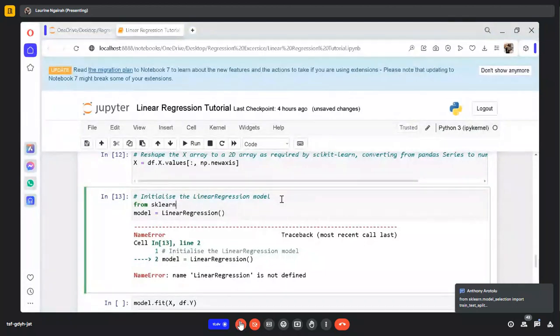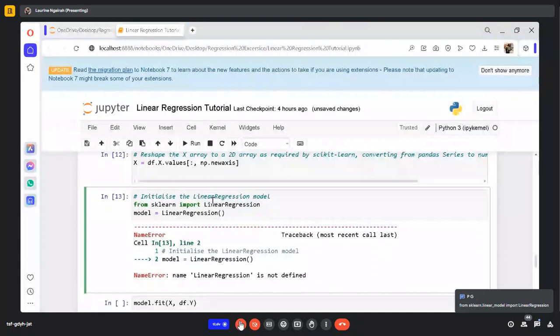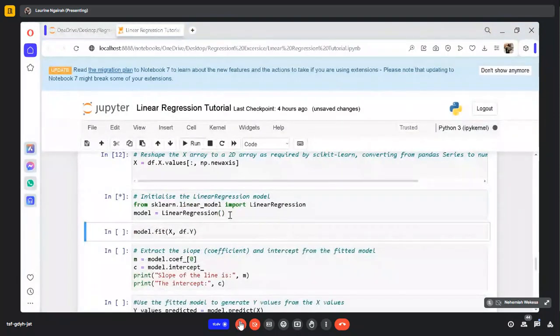No, we are importing linear regression. There's something after Scikit-learn, like linear underscore model. Yes, linear underscore model. Exactly, like that. Okay. Thank you so much, guys.